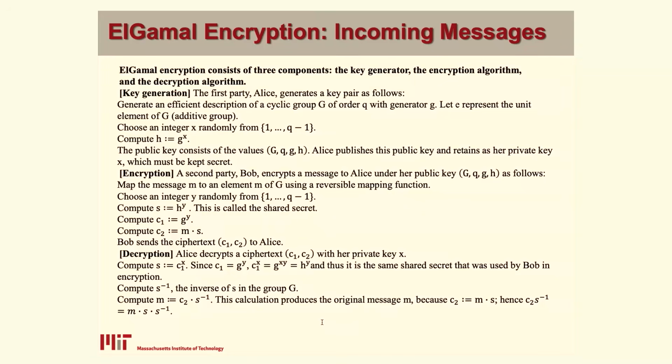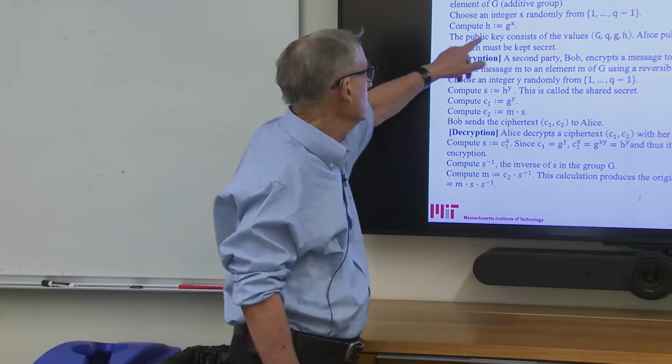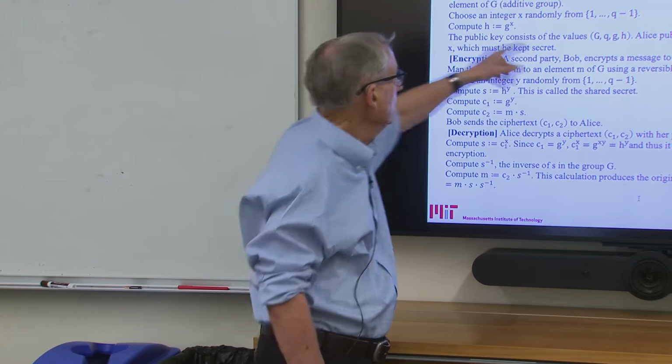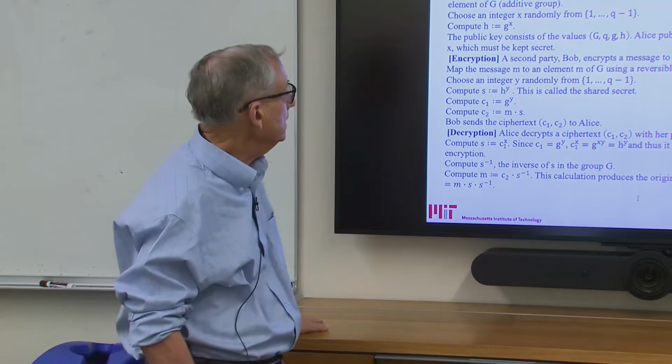Alice generates a key pair. She chooses a cyclic group G with Q elements and a generator G, and this has good properties, like it has an additive element. She chooses an integer X randomly from the set of numbers up to the order of the group minus 1, and computes H equal G to the X. So H here becomes the public key.